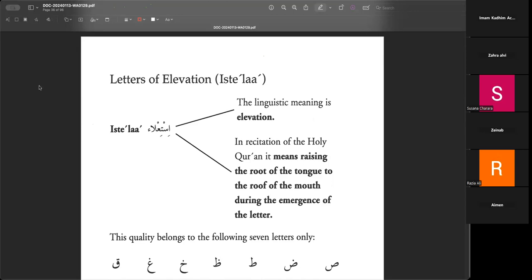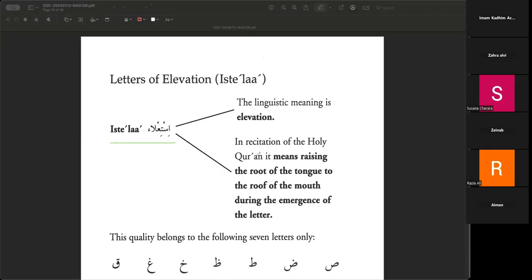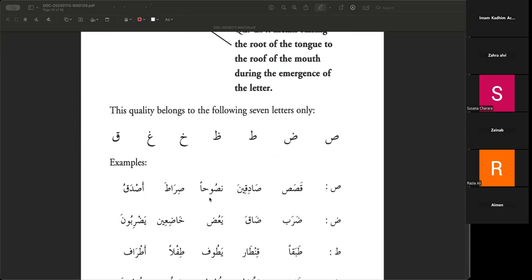So every time you hear someone saying or you read that a letter is heavy, it means that it has the quality of isti'la, and that means that the root of your tongue is going to be raised towards the roof of your mouth. There are 7 letters that have this quality of isti'la: Sad, Dad, Ta, Dha, Kha, Ghain, Qaf.